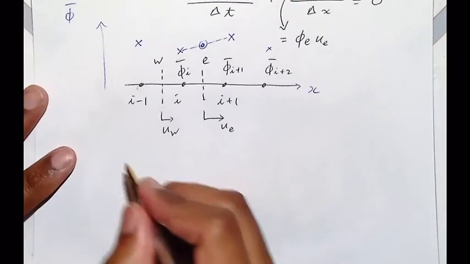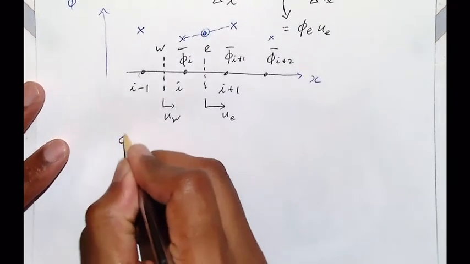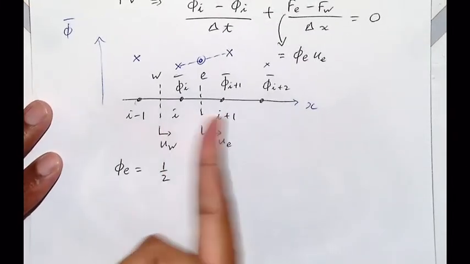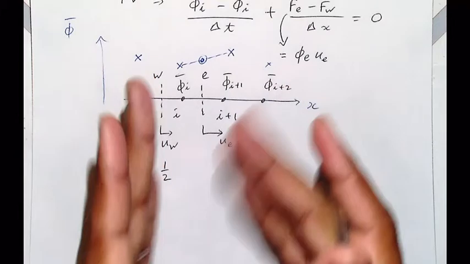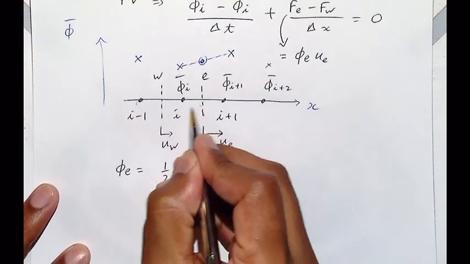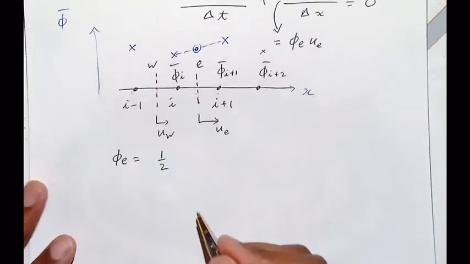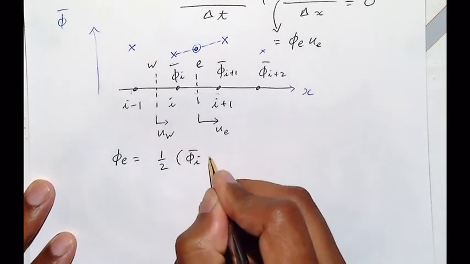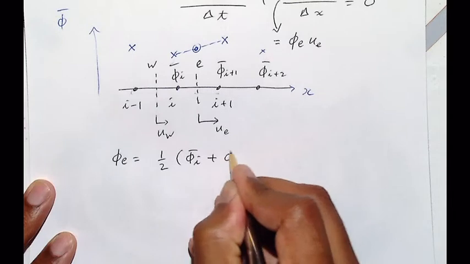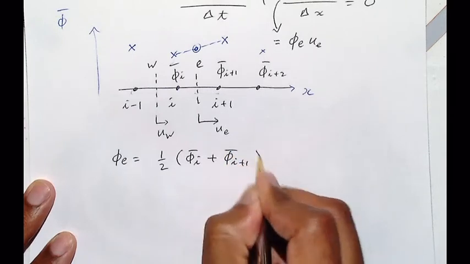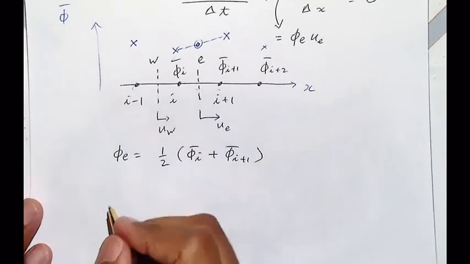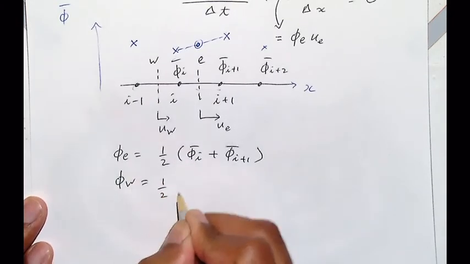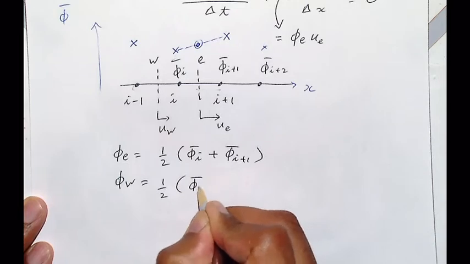So we can say φ_e is half, assuming that everything is uniform, and this is Δx/2, Δx/2, right? So it's half of φ̄_i and φ̄_(i+1). All right. Similarly, φ_w we can write is half of φ̄_(i−1) plus φ̄_i.